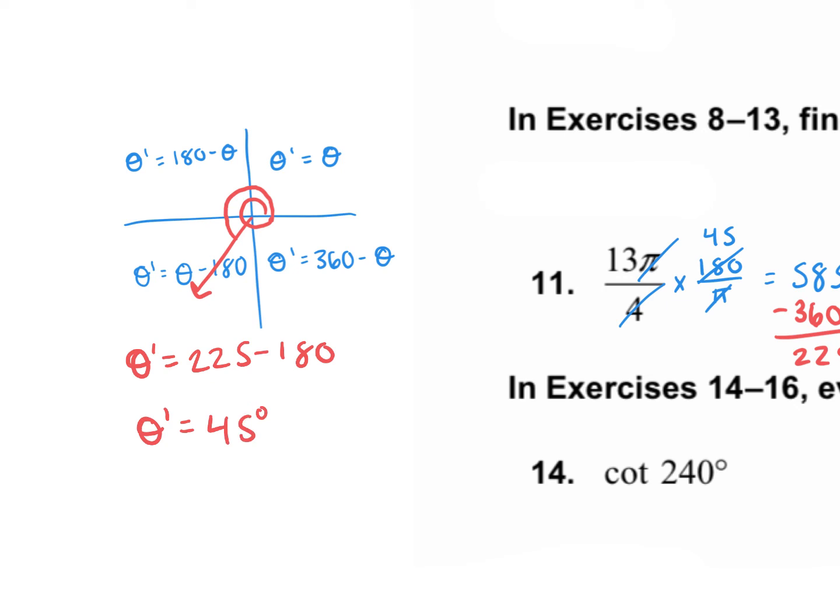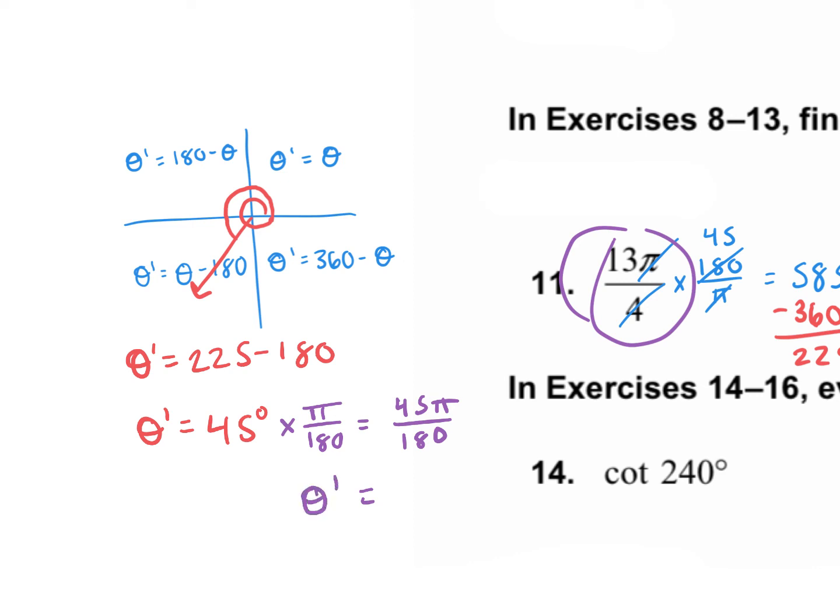No, because our question gave us radians, so we need to put our answer in radians. So, how do we change 45 degrees back to radians? Multiply by pi over 180. So, we have 45 pi over 180. What does this simplify to? Pi over 4.